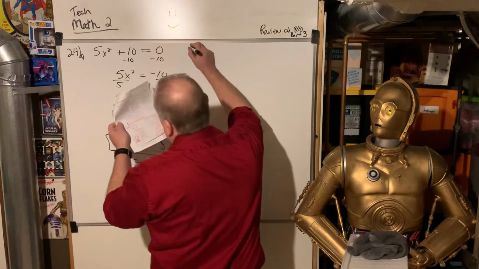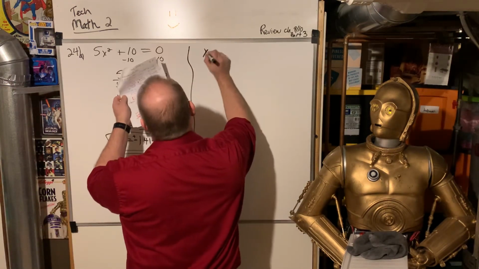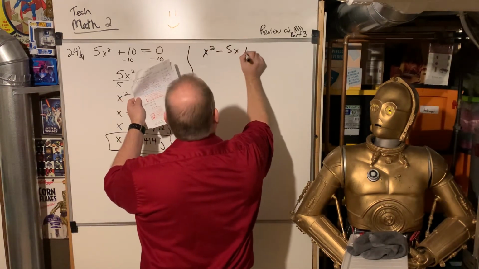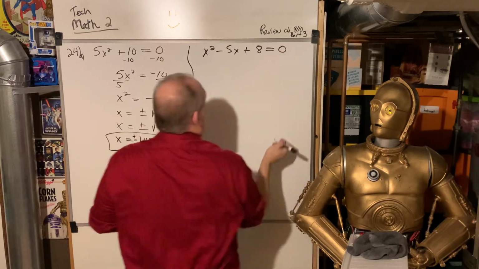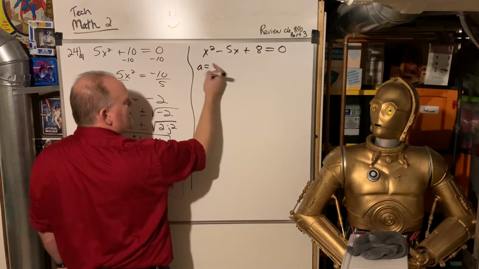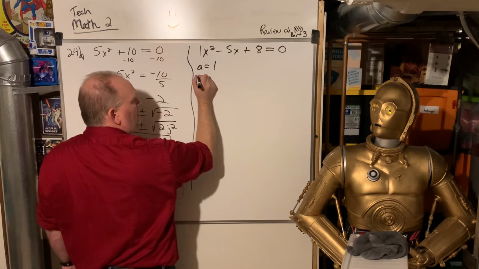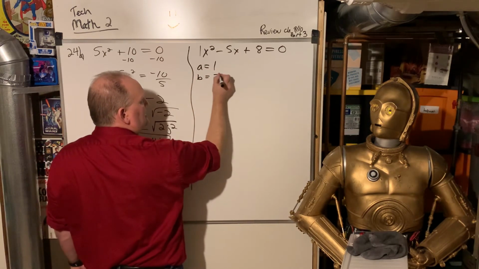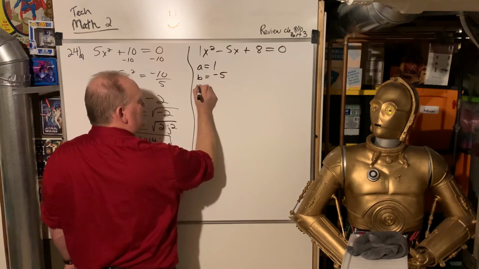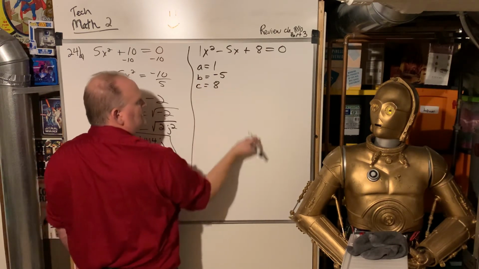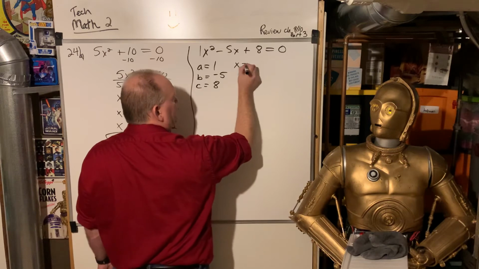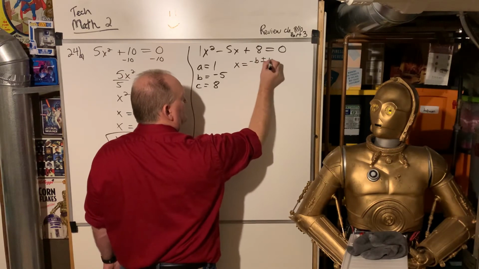All right, and then the last one, we have to go back and use the quadratic formula. Remember, A is the thing in front of the x squared, so there's a 1 there. B is the thing in front of the x, that's -5. C is the thing without a variable on it, that's 8. And then you just plop it into this formula.